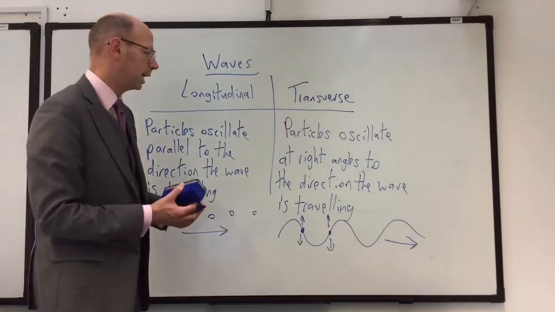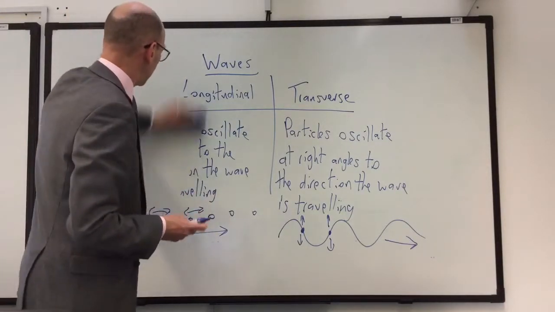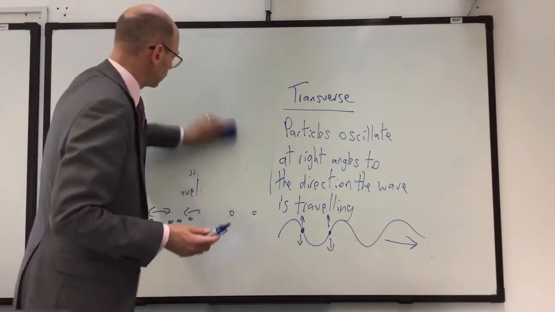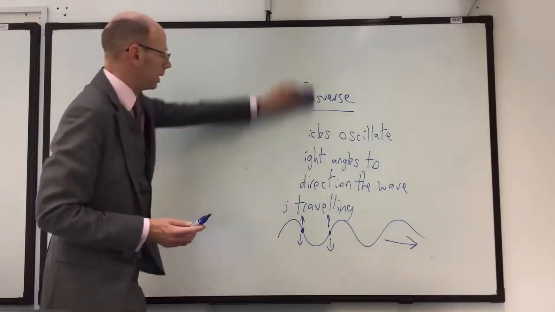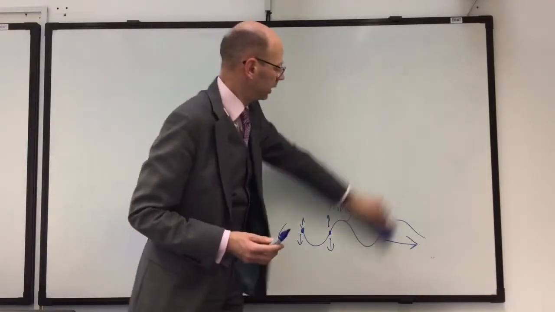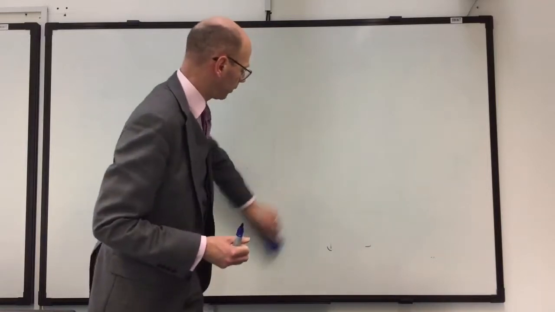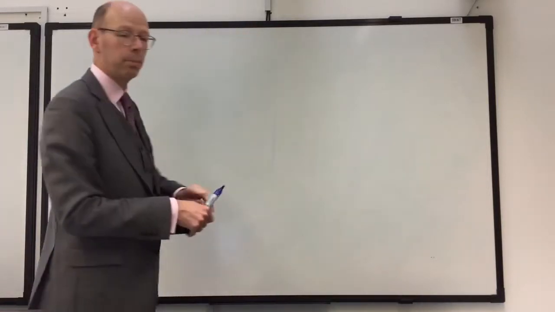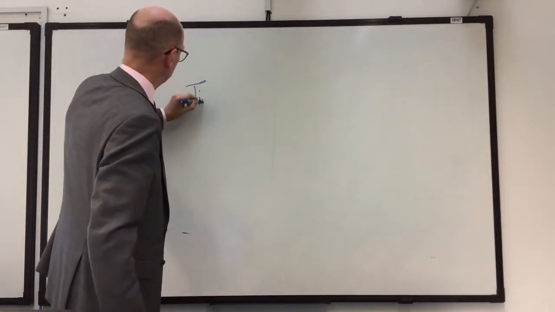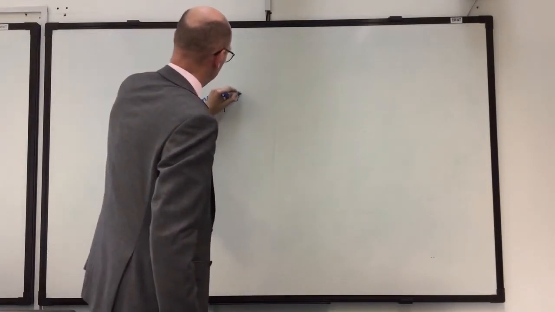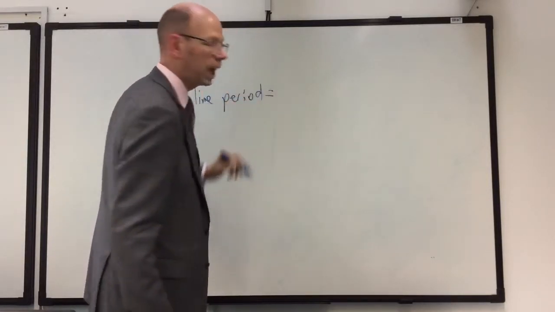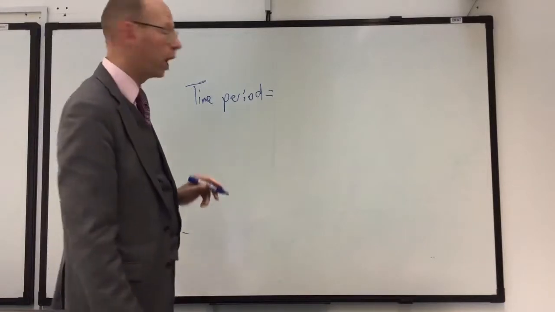Any wave is a repeated motion, and we use some words to describe the amount of time it takes for a wave and the amount of distance a wave takes up. So the time period of a wave is just the time it takes for one full wave.